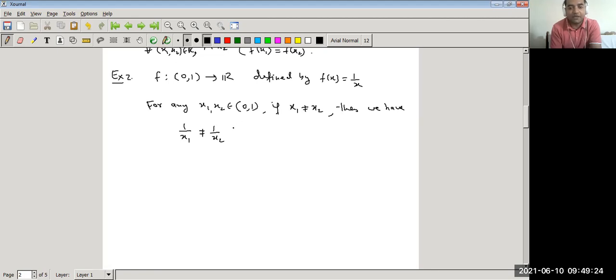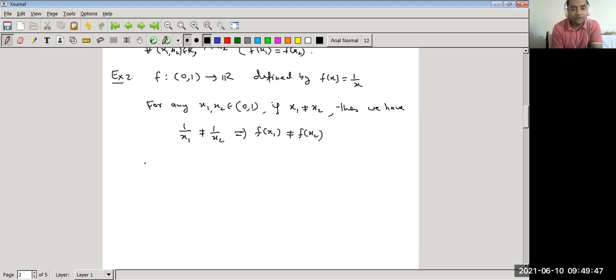And what is 1 upon x1? Because f of x is equal to 1 upon x, if we take x1 in place of x, then f of x1 is 1 upon x1. So we can write that this implies f of x1 is not equal to f of x2.